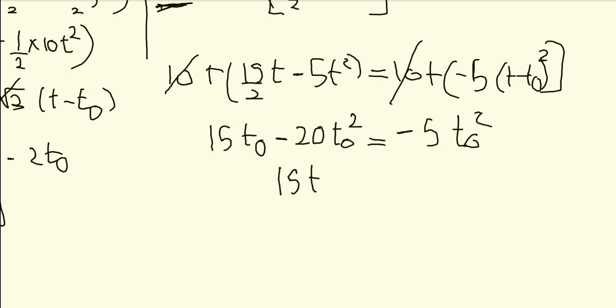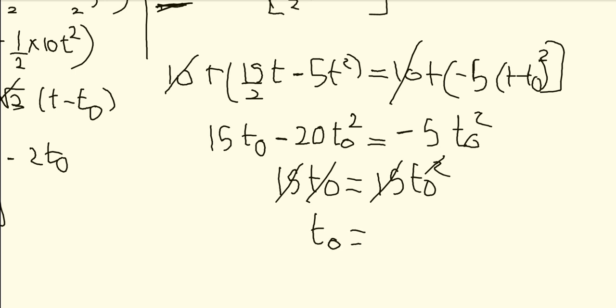So 15 t naught will be equal to 15 t naught square. So t naught square and t naught and 15 will get cancelled out, and t naught comes out to be 1 second.